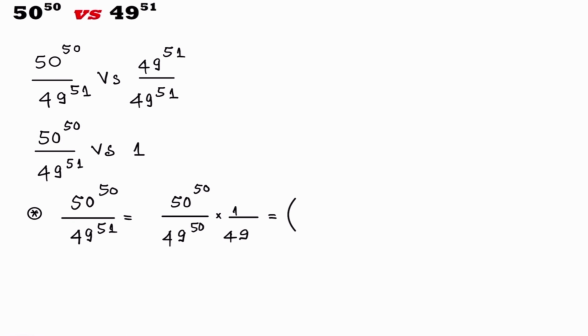Now we have the same power here, so we can use a to the power m over b to the power m. So then we will get a over b raised to the power m.